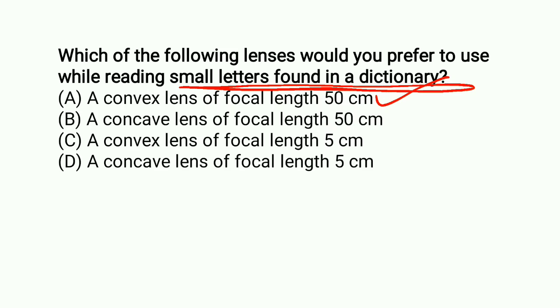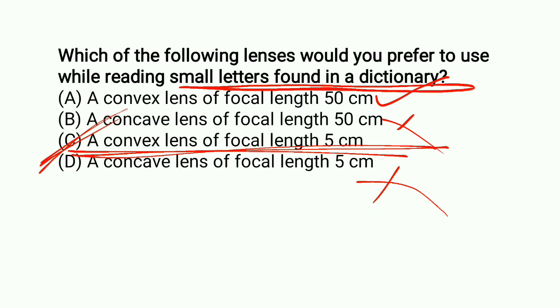Concave is a diverging lens, so we can't use it for reading. Option C is a convex lens of focal length 5 centimeter. Option D is concave, so it is not possible, delete option D also. So we have option A and option C. As the focal length is less, the converging power is more, so the one that can be used for reading is the one with focal length 5 centimeters. So option C is the correct answer.